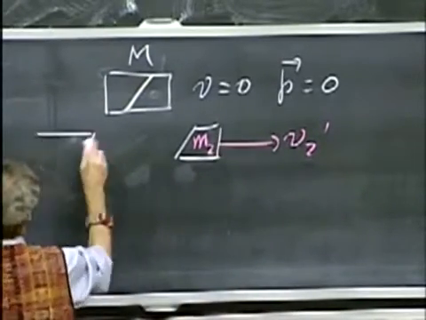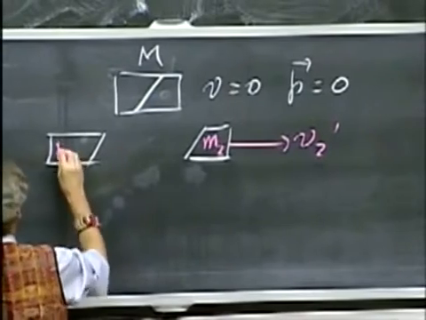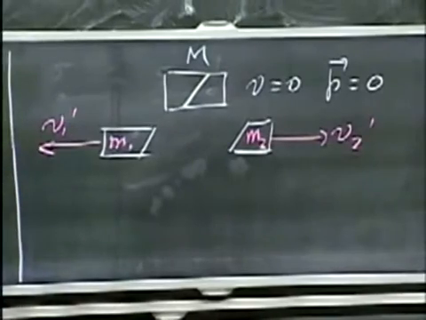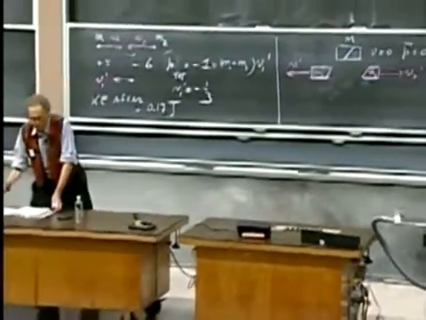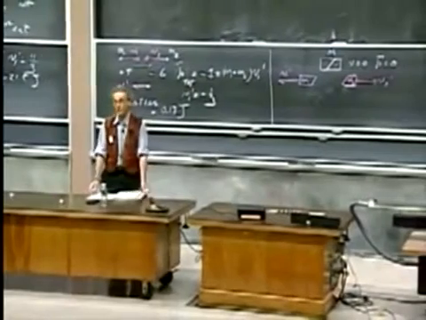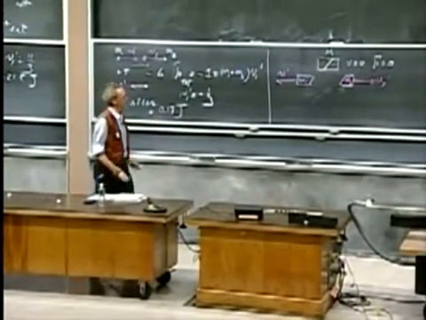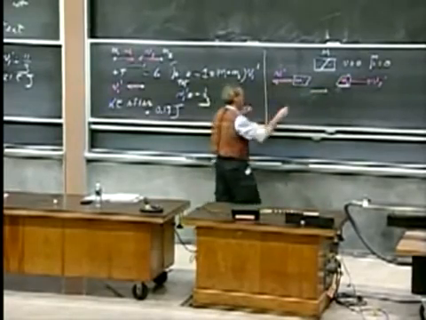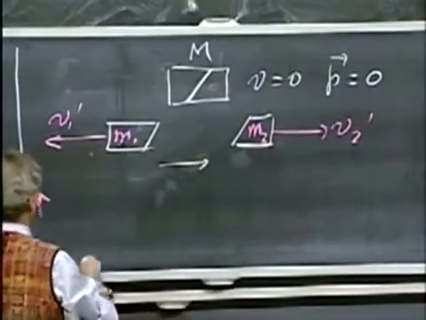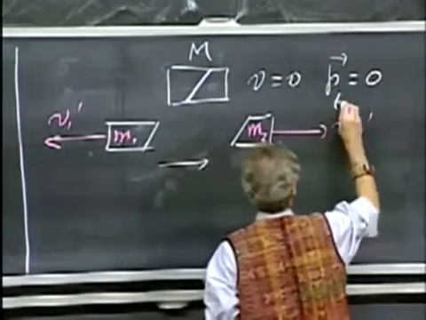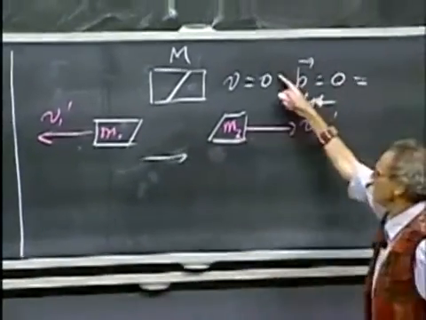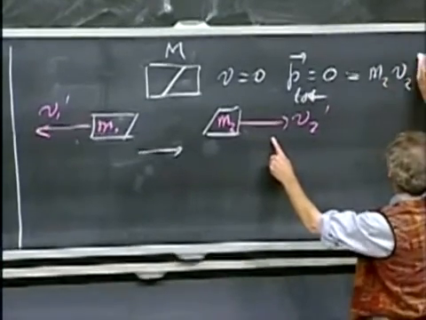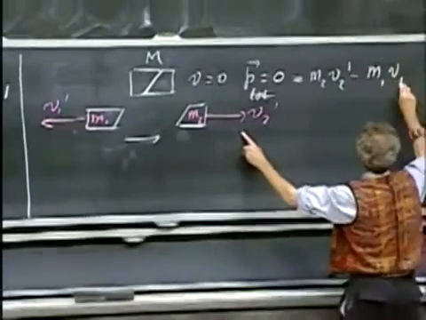And another piece flies off in this direction with mass m1 with velocity v1 prime. Clearly, momentum must be conserved. This explosion is only internal forces. And so you can write down, if you call this the increasing direction of x, so this momentum is positive and this momentum is negative, the total momentum will never change. It's the same before as it is afterwards, so this must be m2 times v2 prime minus m1 times v1 prime.